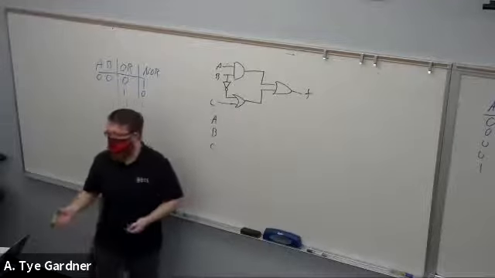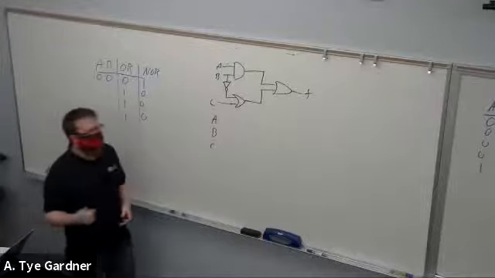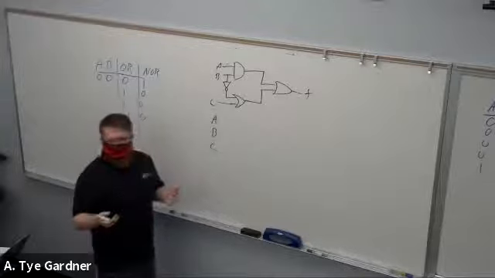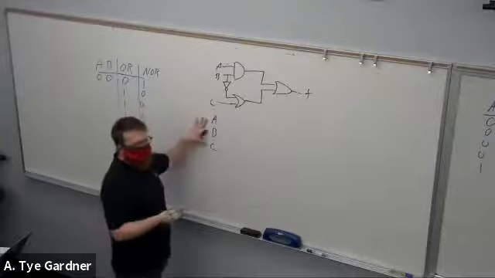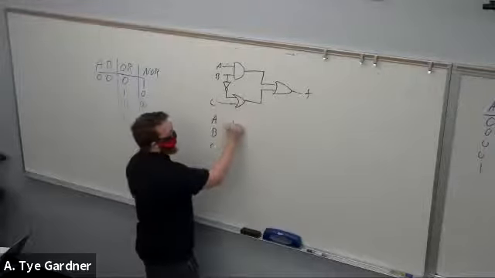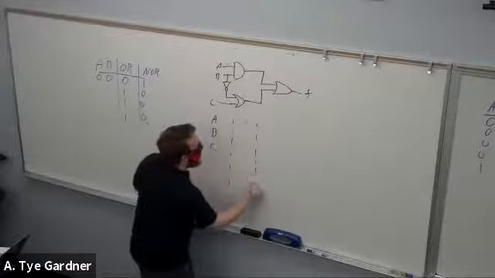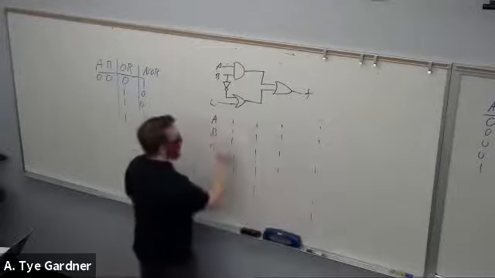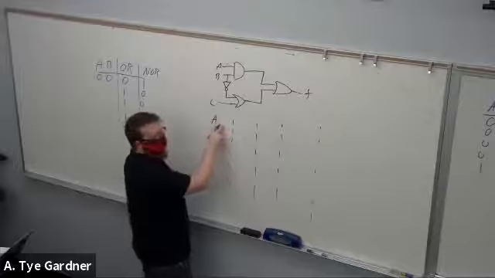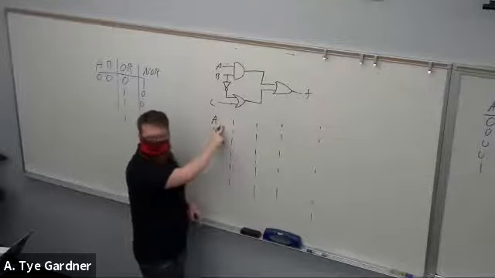It depends how much time I decide to make you spend on this question, right? So if you have to make your own, what you would do is just count in binary using A, B, and C. So take some divisions, and let's say A is our most significant bit, MSB.